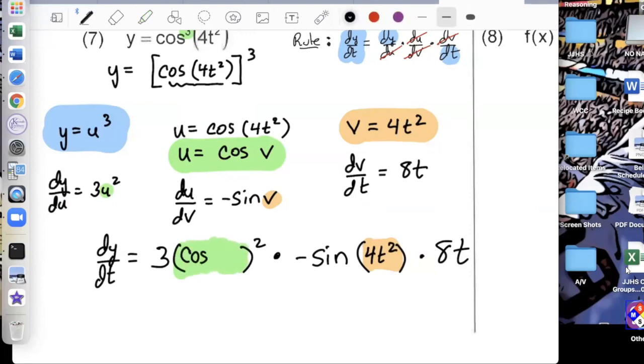But I don't want to write the v, because v is not a t. So I don't want to write the v. I'll write what v really is. It's 4t squared.